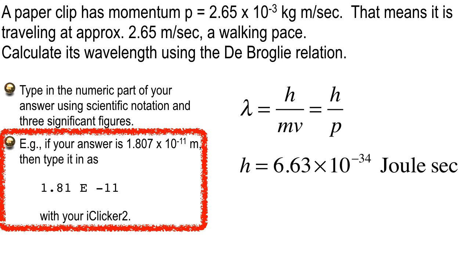The equal sign looks a lot like the minus sign. I have spaces, but you don't have to put spaces in. So you can just type in an E and then a minus 11. I did it so that you could tell them apart.